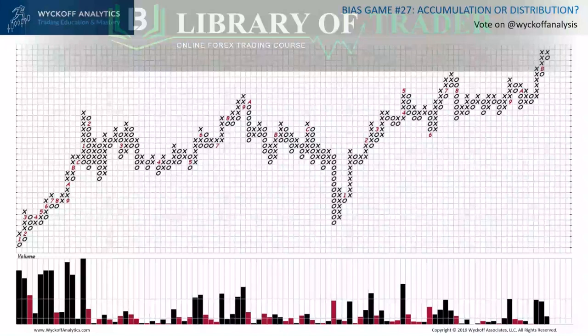And then I also would like you to think about this question. What is going on with the overall volume signature from the beginning of the chart to the end of the chart? I'm definitely seeing that from the first column to the last column, the price has increased.